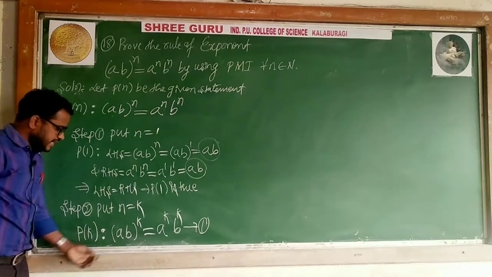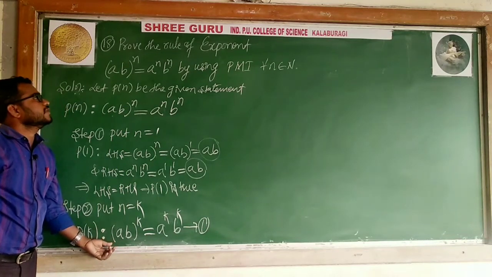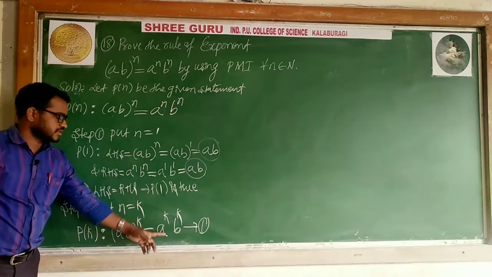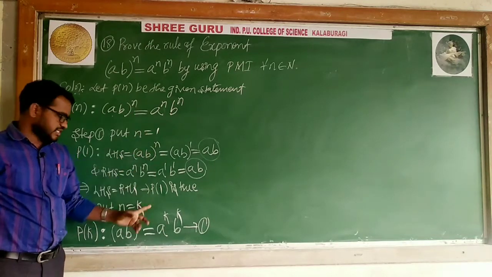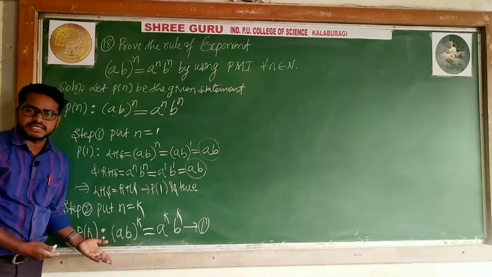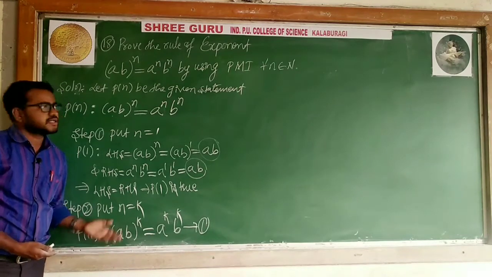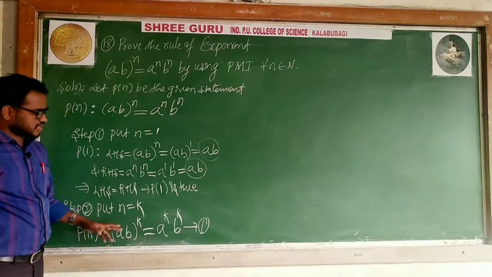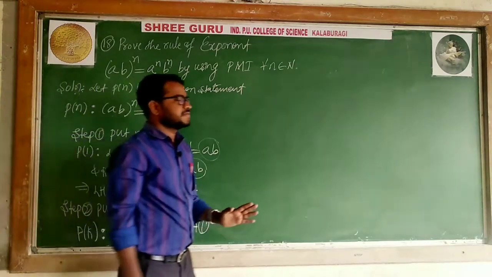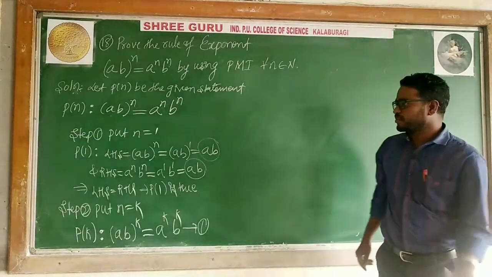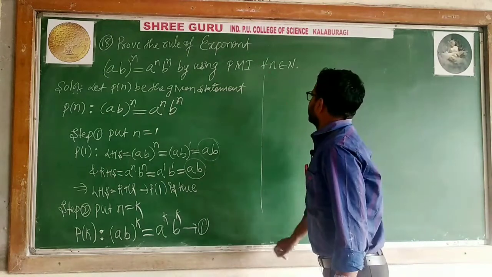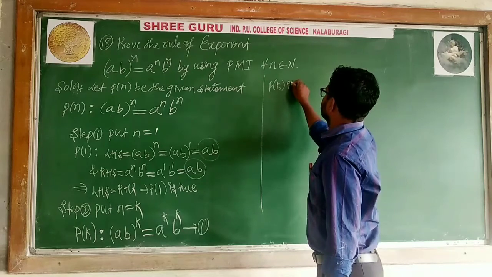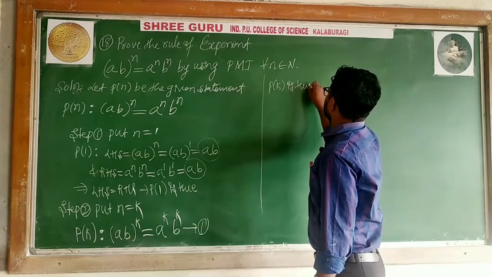Is it exactly the same as given? AB whole to the power n, here k; A to the power k, here n replaced by k; B to the power k, there also n replaced by k. Since this and this are same, both are equal, LHS equals RHS, so P of k is true.